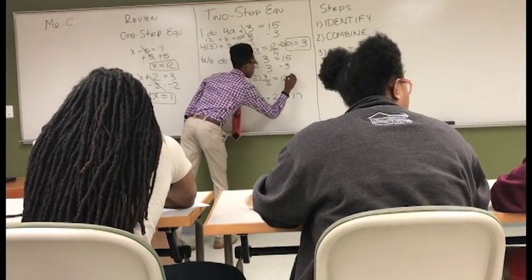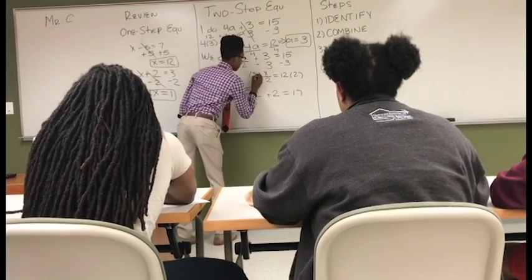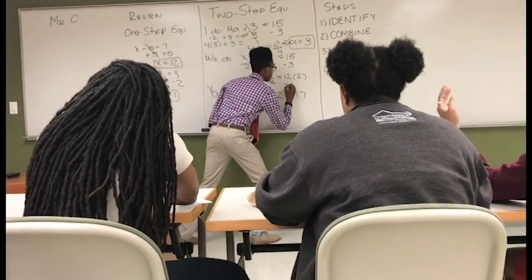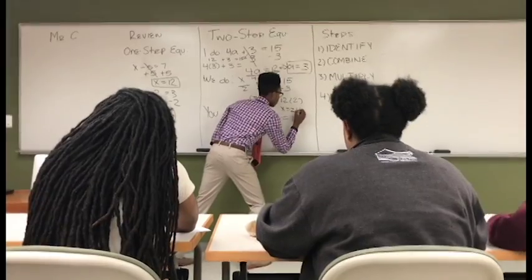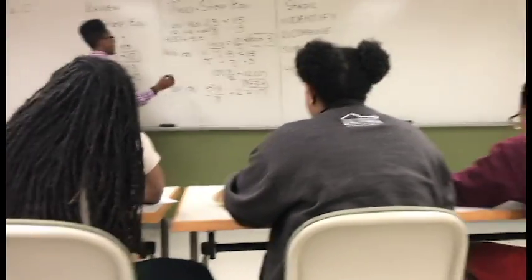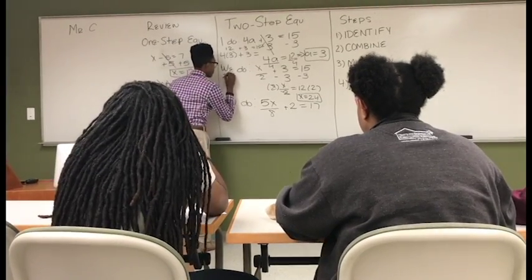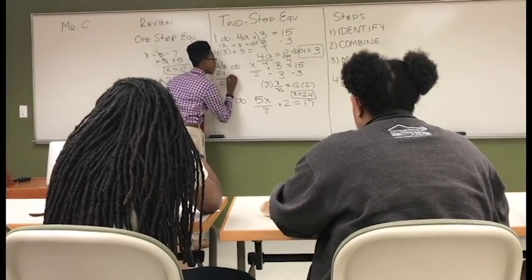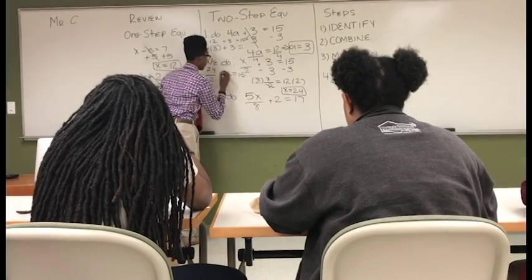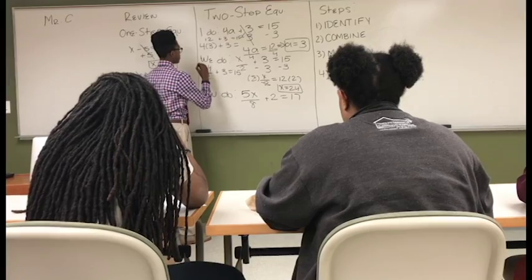And 12 times 2 equals 24. Exactly. And then when we plug it back in, we get 24 over 2 plus 3 equals 15, because 24 over 2 is 12, plus 3 is 15.